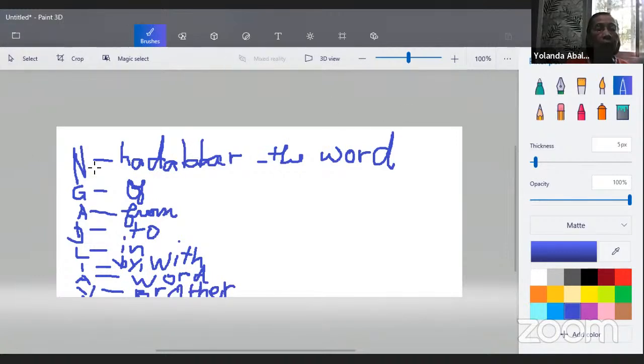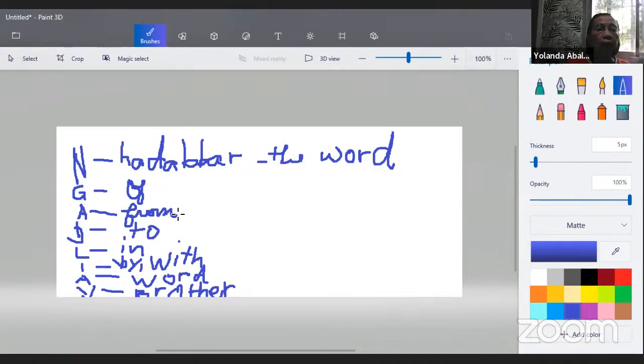We have nominative, genitive, ablative, dative, locative, instrumentative, accusative, vocative. Such as dito, we are naming a subject. We say, for example, the word. Then of the words.